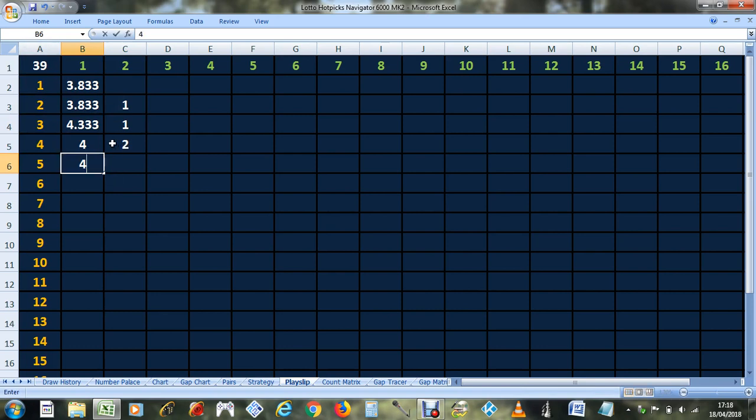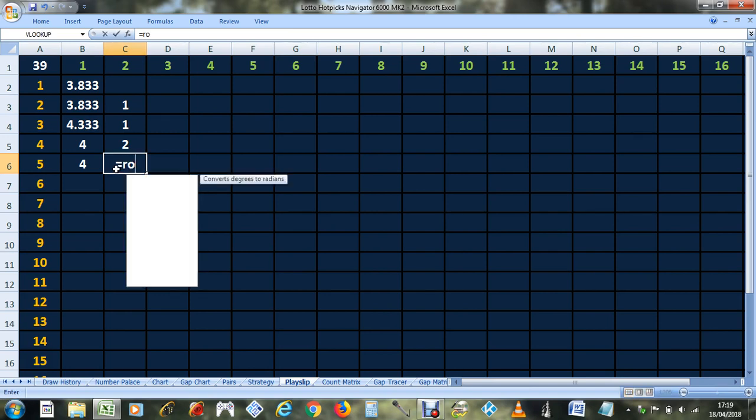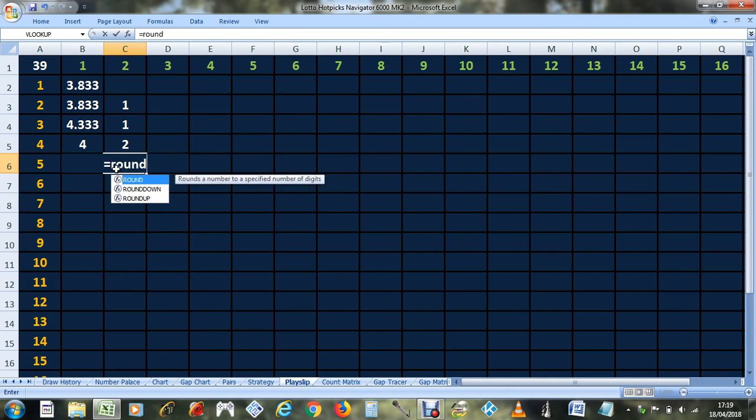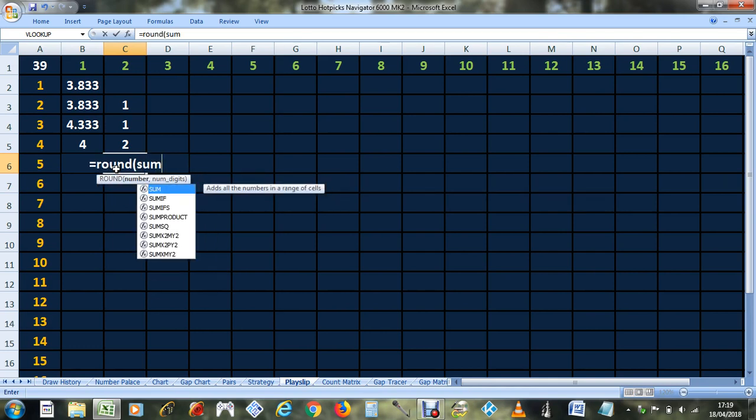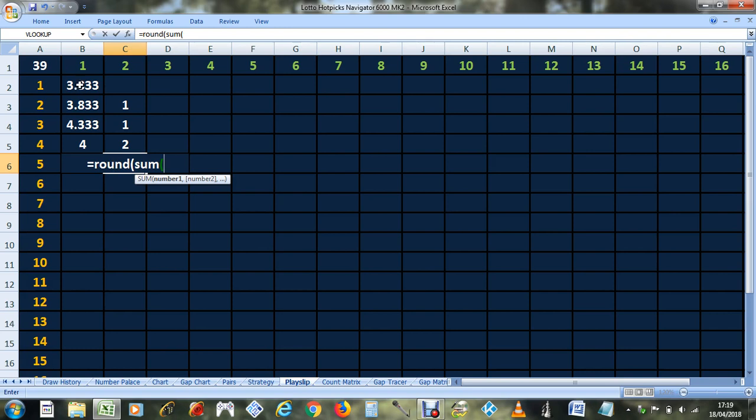So for the next draw, pretty obvious what's going to happen. But just to make sure we understand how it works, I'll just type out the maths involved.